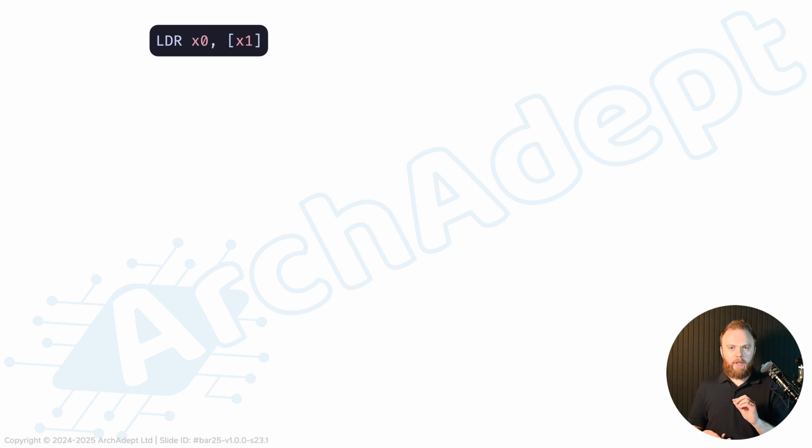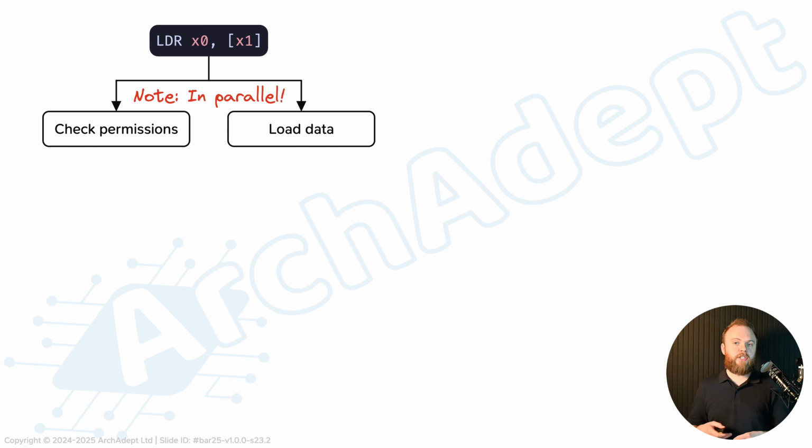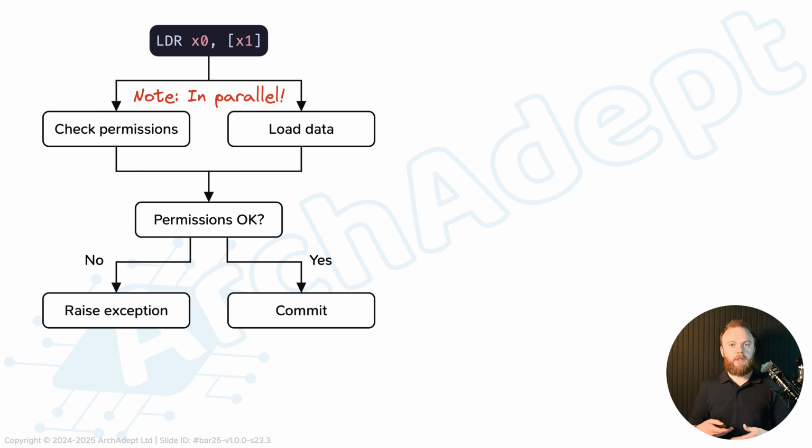Well, I want you to consider what actually happens when the CPU comes across the load instruction that's reading from kernel space. You see, many CPUs have a load store pipeline optimization in which they perform the permission check and the actual load of the data in parallel. And this is supposed to be fine because from an architectural perspective, we'll still be verifying whether the permission checks all passed, and if not, we'll be raising an exception.